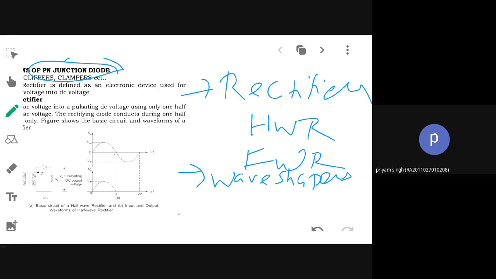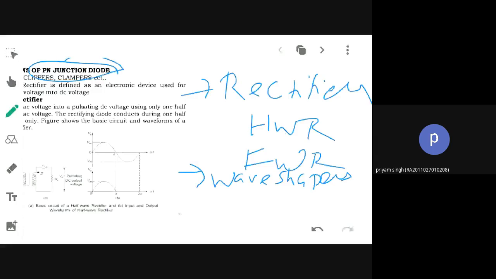Prabhas, tell me what are wave shapers and what are the different types of wave shapers? Prabhas, Balamaniganda, Jay Praveen, Veeravardhan.